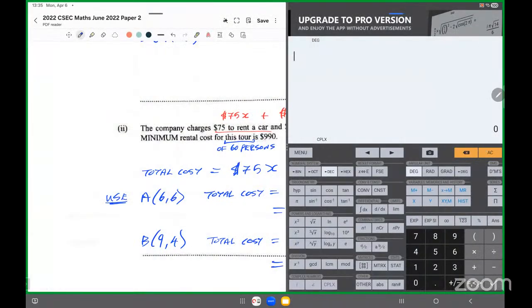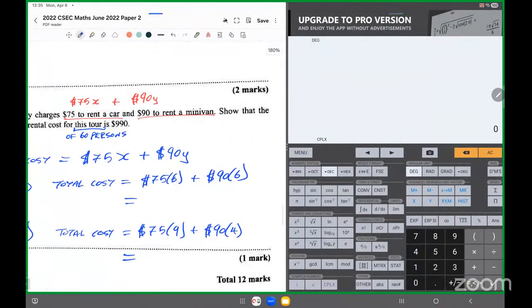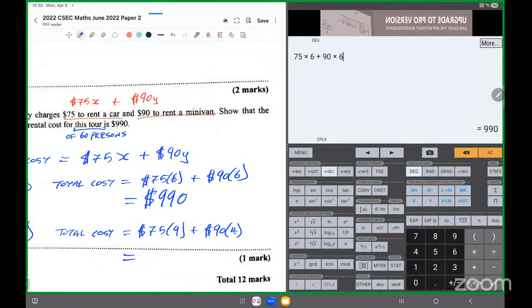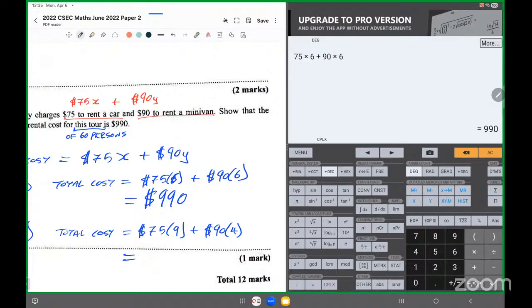Let's work them out. The first calculation is 6 and 6, so it becomes 75 times 6 plus 90 times 6. That's 990. Total charge of $990 if you use 6 cars and 6 vans. Then down here you can go for 9 cars, so it changes to 9: 75 times 9 plus 90 times 4.